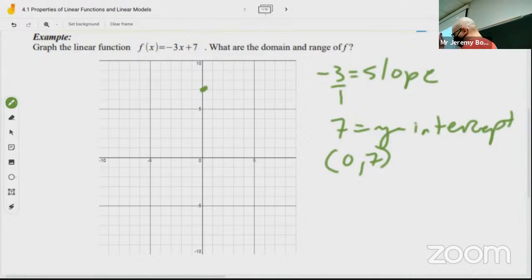And then what can we do? Go down 3. We can use the slope to find the next one, right? We're gonna go down 3. So 1, 2, 3. And we're gonna go where on the x?